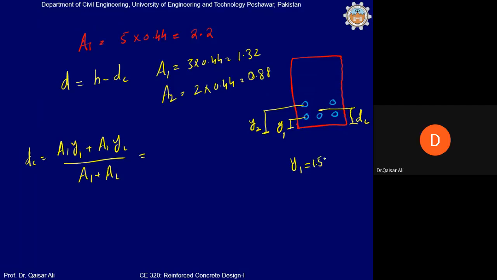It will be equal to 1.5 inch clear cover plus 3 by 8 inch dia of stirrup plus half the dia of longitudinal reinforcement, which is equal to half of 3 by 4. तो ये जरा बताएं मुझे. I have not shown the stirrups for clarity.